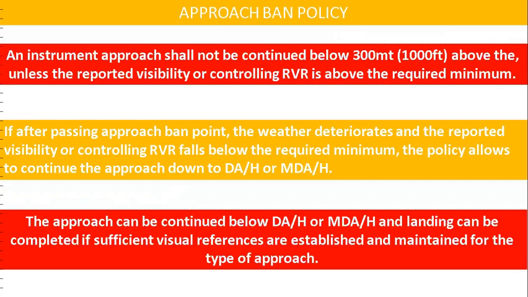Further, the approach can be continued below the descent altitude and landing can be completed if sufficient visual reference is established and maintained for the type of approach. So we will understand all these approach ban policies by cases.